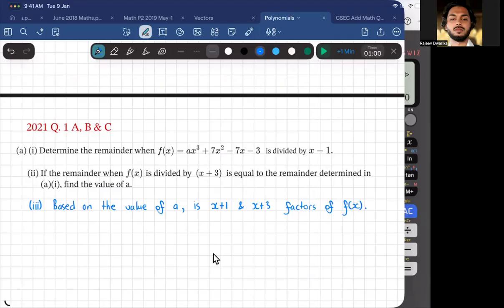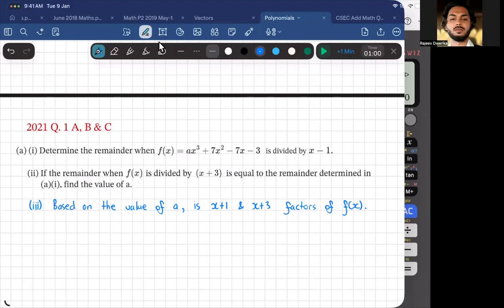So, Serena, are you ready to answer the question? The second part of it? Did you get through the second part? What did you get for the second part? f of minus 3 is equal to A minus 3.